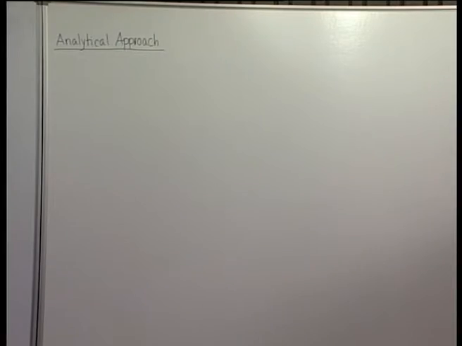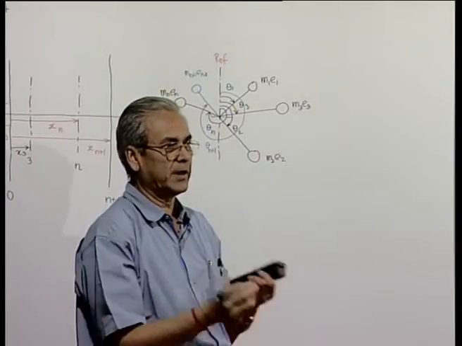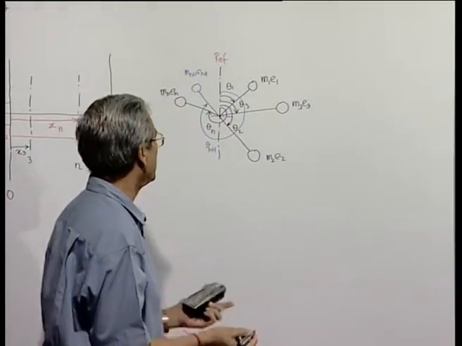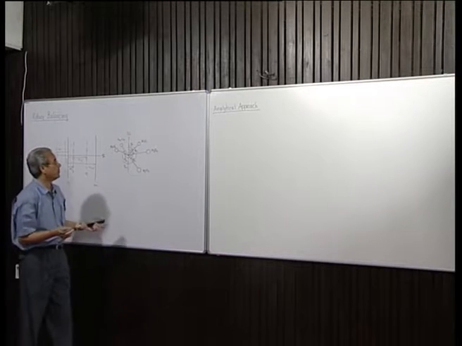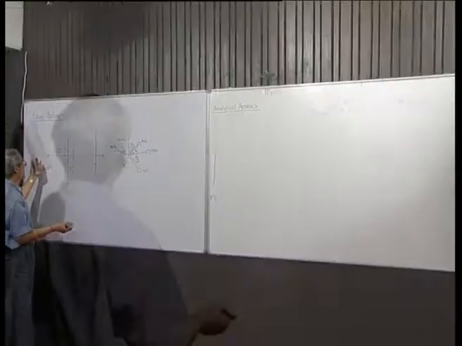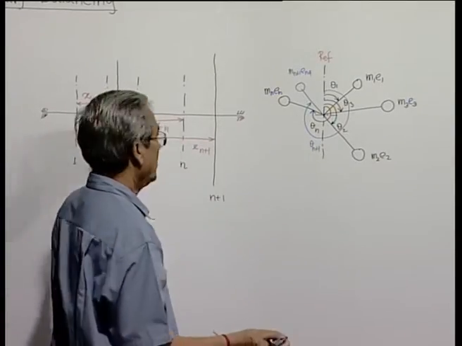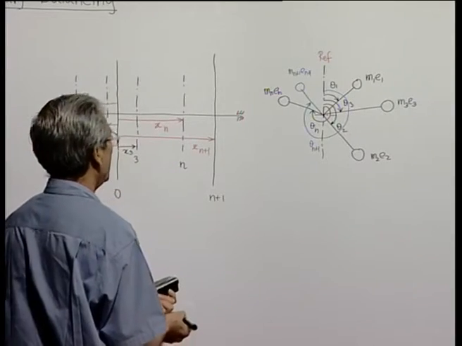Again, in the analytical approach, we should keep in mind that our primary objective is to place balancing masses in these 2 planes of such magnitude and such angular orientation that the total force generated due to rotation, that is the centrifugal force, that is the inertia force, is 0.